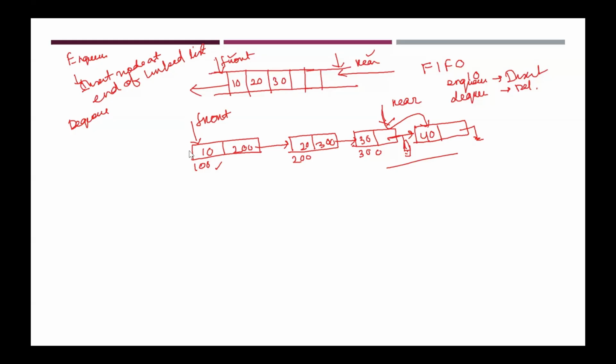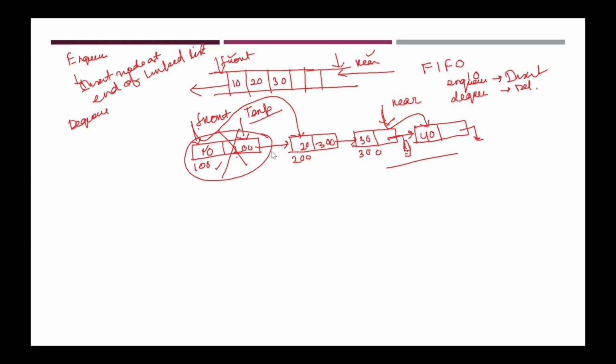But before that, we have to print the value. So we make temp a pointer that stores the front value. Right now both temp as well as the front pointer point to the first node. Then we make the front pointer point to the next node. Now this is the front node. Then we print the value and delete the node. So DQ of the queue is over.